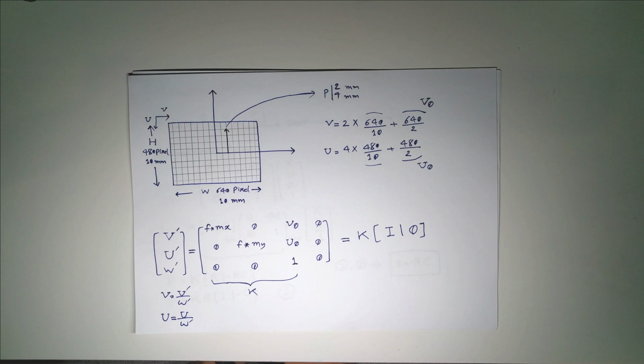And if you multiply everything by the third dimension, you will get exactly the same pixel. So this is the intrinsic matrix.